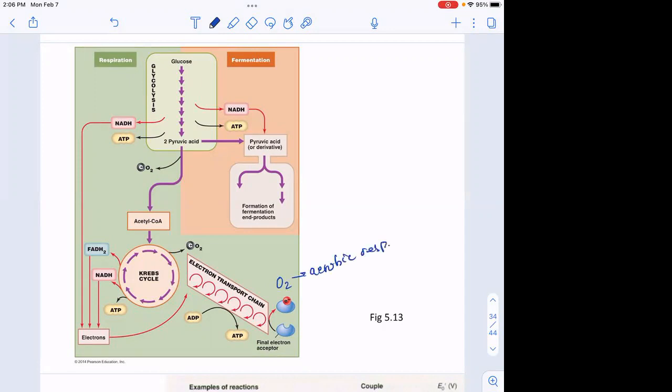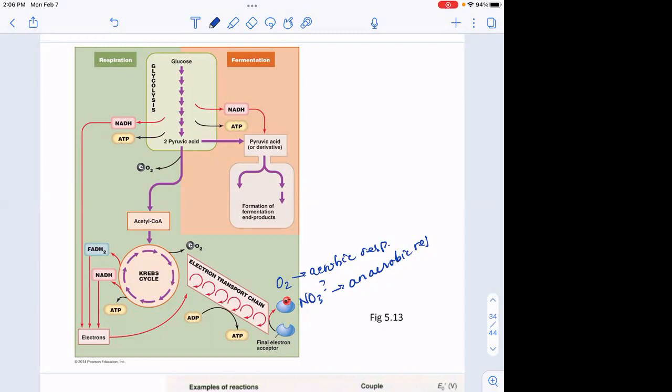If something other than oxygen, like say NO3, that's anaerobic respiration. If the organism's using something like nitrate, it's still going through glycolysis and having a Krebs cycle and an electron transport chain. The Krebs cycle might be modified a little bit, but if it's using something other than oxygen, it's still respiration.